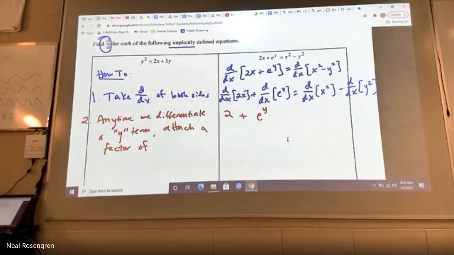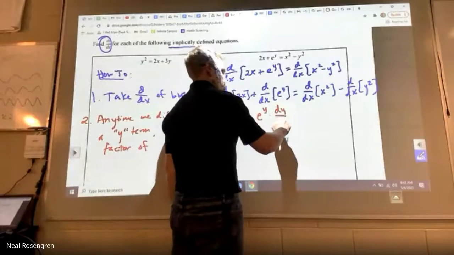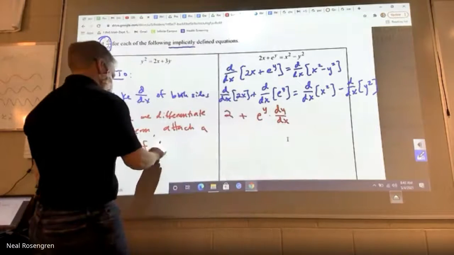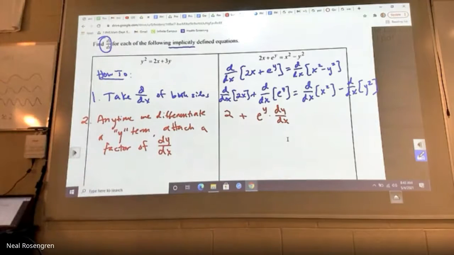How should we write the derivative of y with respect to x? Because that's what we're trying to find. dy dx. Anytime you differentiate something that has y in it, we're always going to attach a factor of dy dx. And that's what we want.